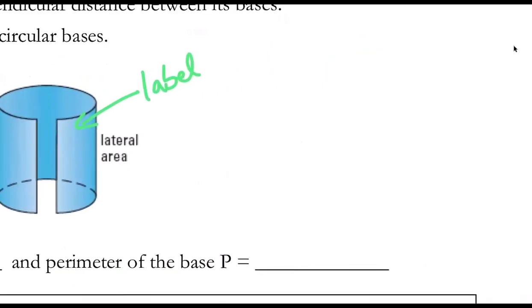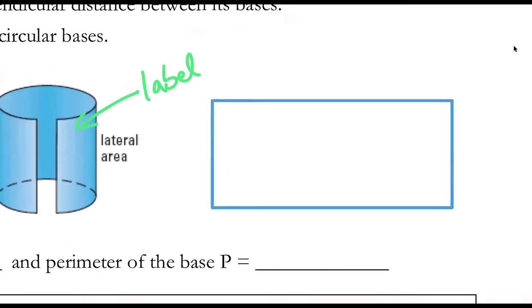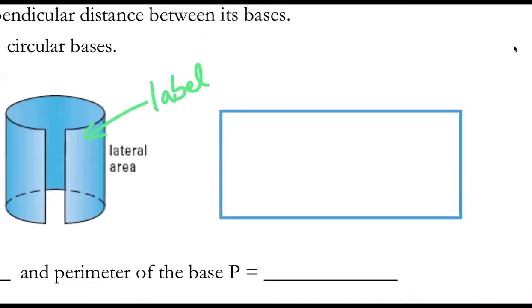So I'm going to draw over here a rectangle that would represent the unrolled label. Okay, and we're going to talk about the lateral area here, which would be the label. So the label is a rectangle with these two dimensions.